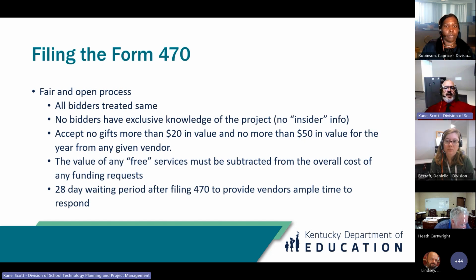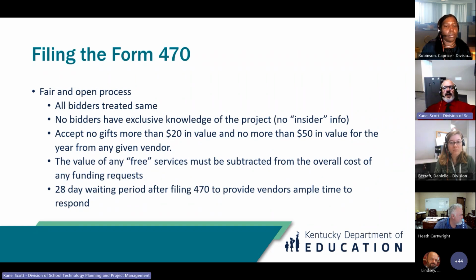But from an E-rate perspective, yes, you can accept that lunch as long as it's $20 or less in value. You can do that. Let's just say that the lunch is $19.99. You can accept that lunch twice from the same vendor in any given year and not have gone over that $50 total.